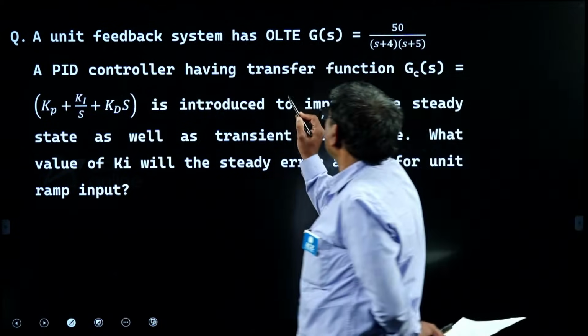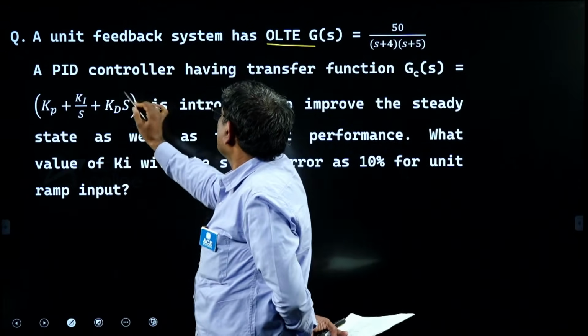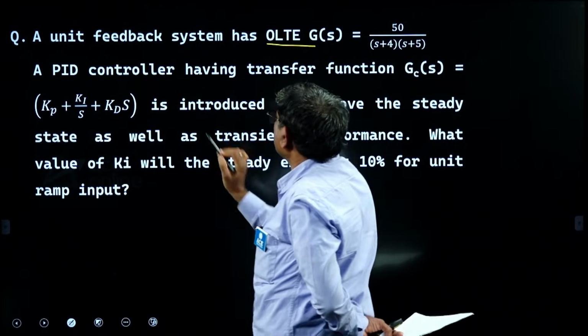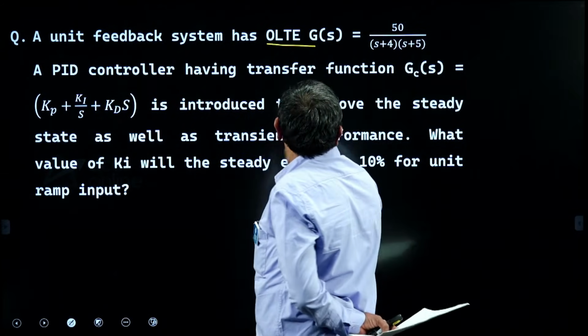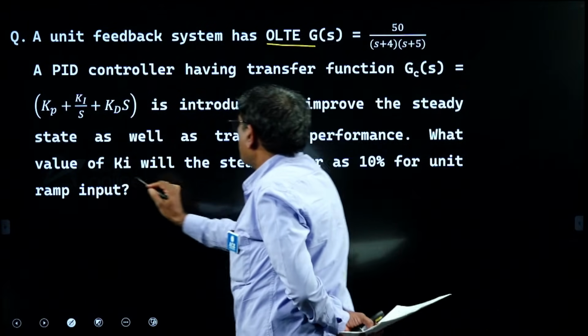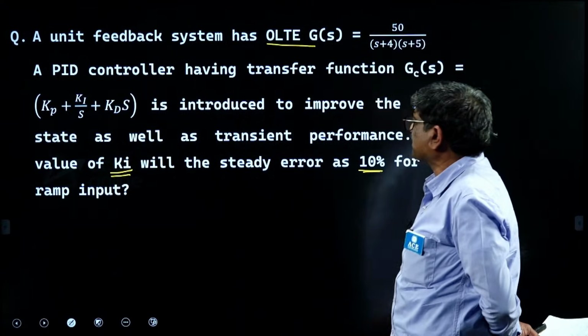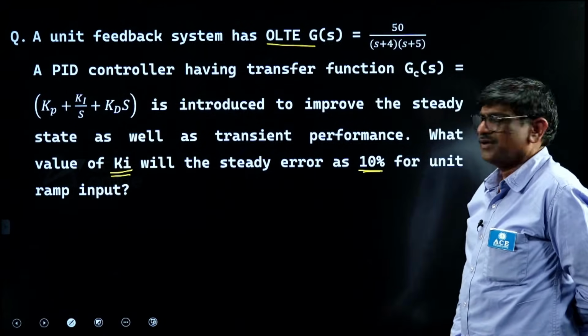So the unity feedback system has an open loop transfer function given, and the PID controller transfer function is given, which improves the steady state as well as transient performance. What is the value of Ki so that the steady state error is 10% for a unit ramp input?